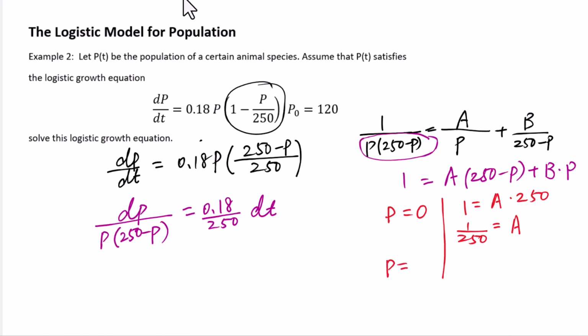When P equals 250, 1 equals B times 250, so B equals 1 over 250.